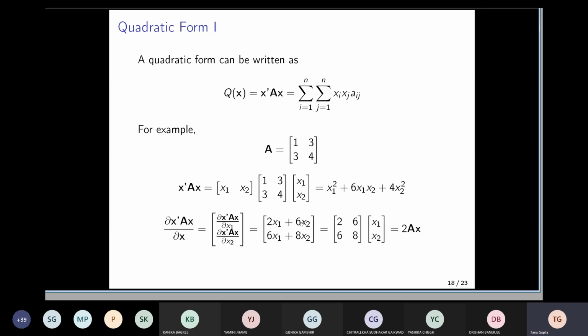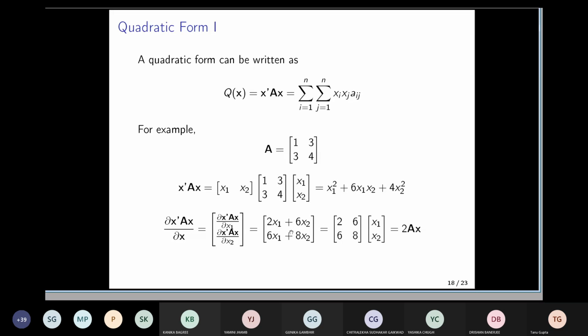And then we can write it in this form. We just pull out the vector x.